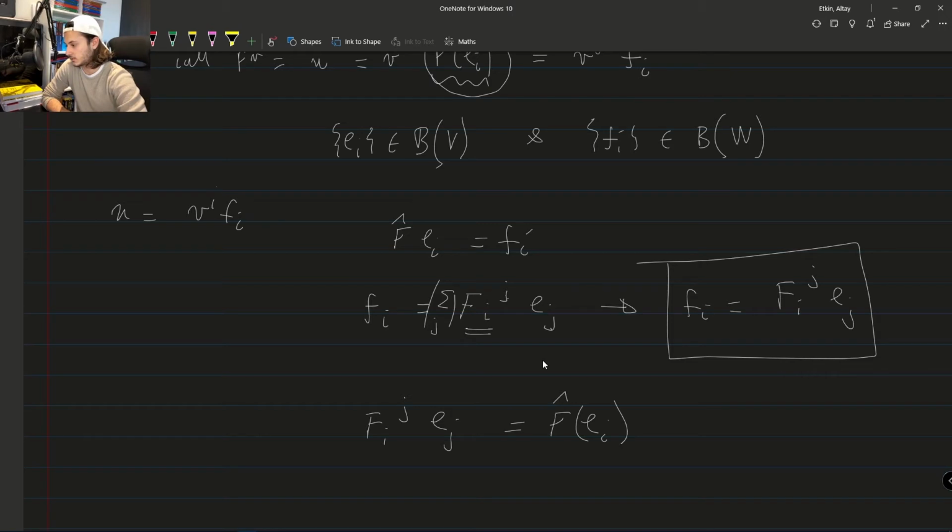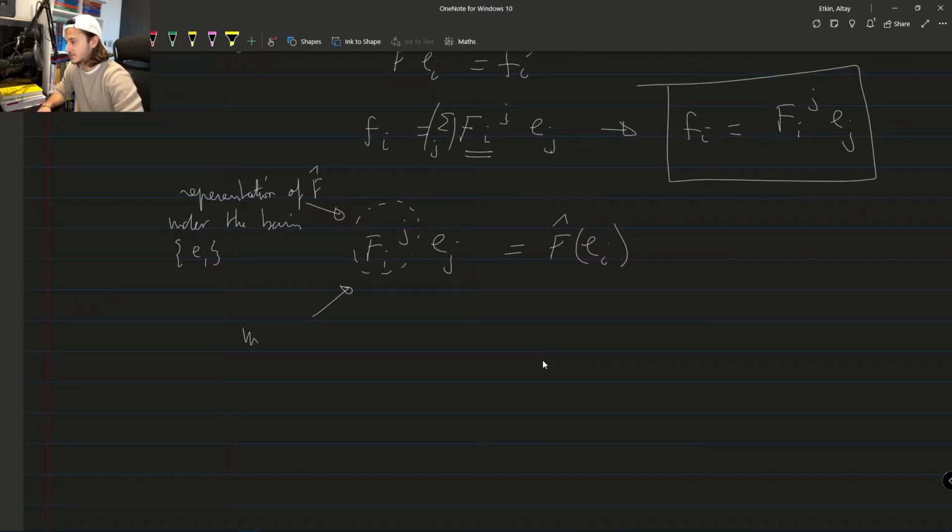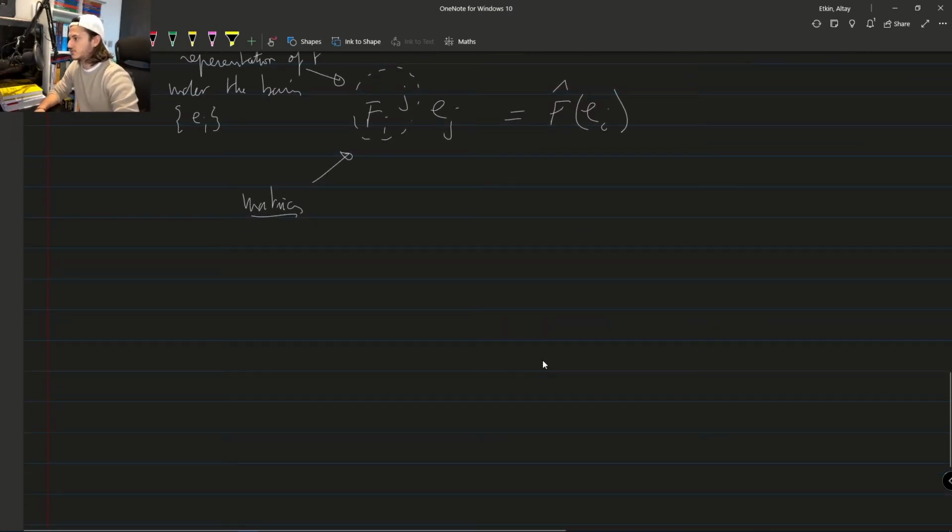And so it's called the representation. So this f_i^j is the representation of f under the basis e_i's. And that means that these are what we call matrices. The point about matrices is, notice that I'm not using this notation.